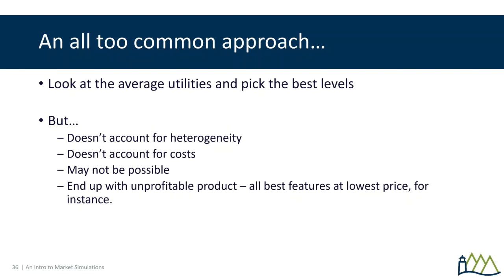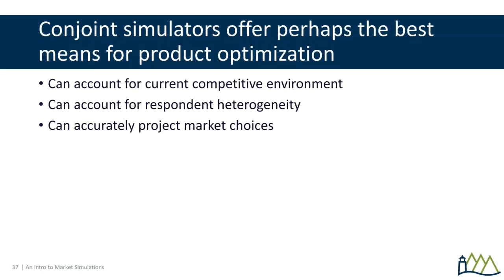So it's a common approach, and we would recommend that's why you go into the simulator, so you can figure out which product is best based on some of those things you want to search on, like both share and revenue and cost, which Walt's going to show you in another example after we talk through some of these simulation methods, which are going to help us do optimization. So we believe that conjoint simulators are the best for trying to figure out optimization because of the fact that we can build in the current competitive environment.